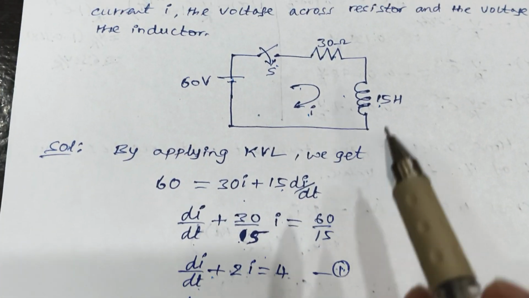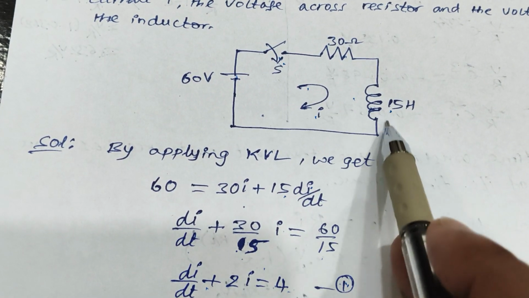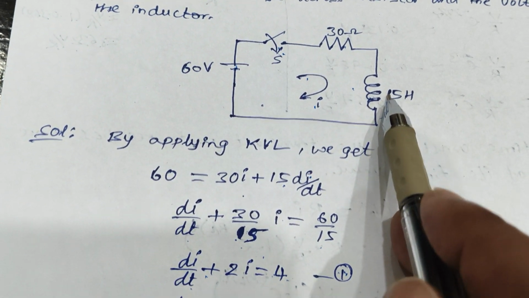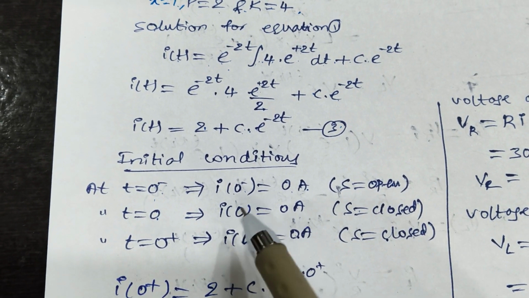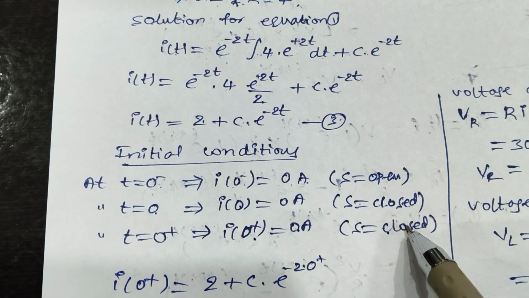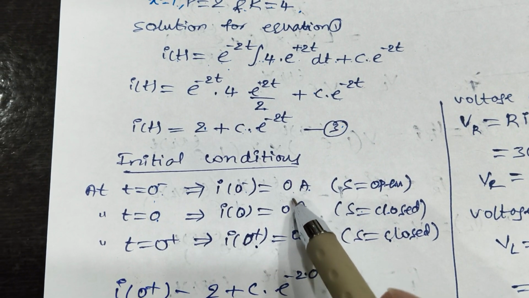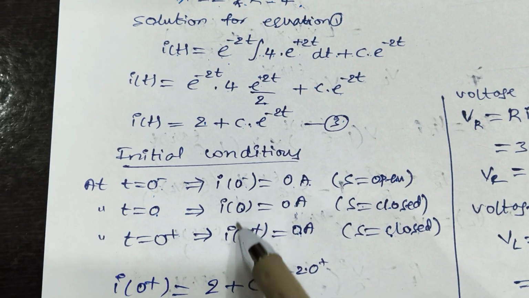Because of the inductor property, even though the switch is closed, the inductor does not allow a sudden change in current. That's why the current remains the same, 0 ampere at 0 minus and 0 plus also. That is equal to the loop current.